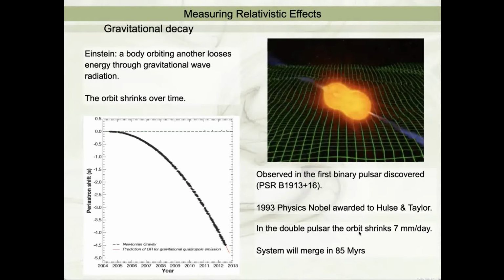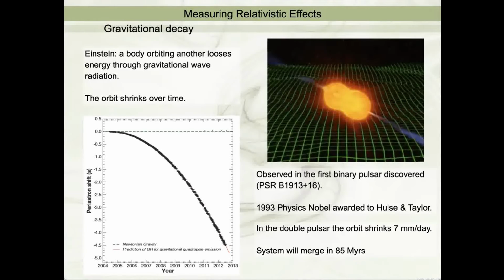At this rate of the orbit shrinking, which is about 7 millimeters per day, so almost 1 centimeter, imagine these two bodies at the Earth-Moon distance, which is about 1.2 light seconds, so about 400,000 kilometers, if I recall.